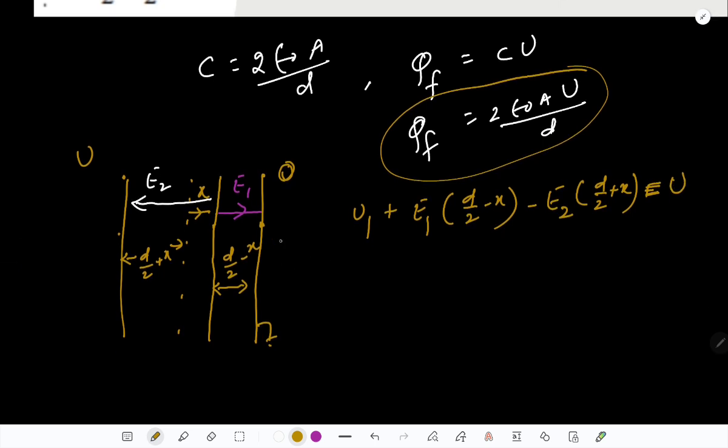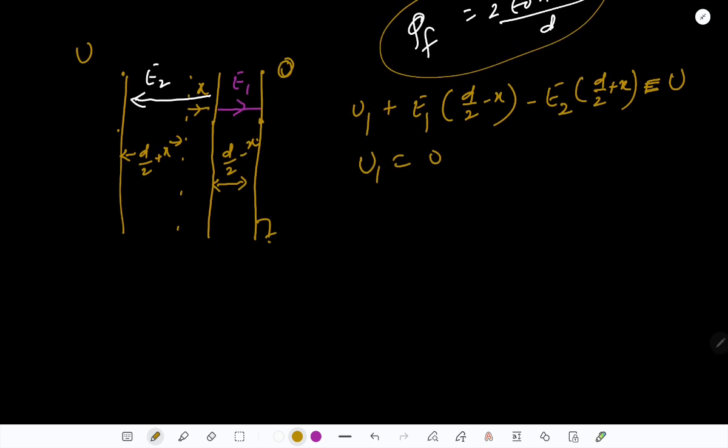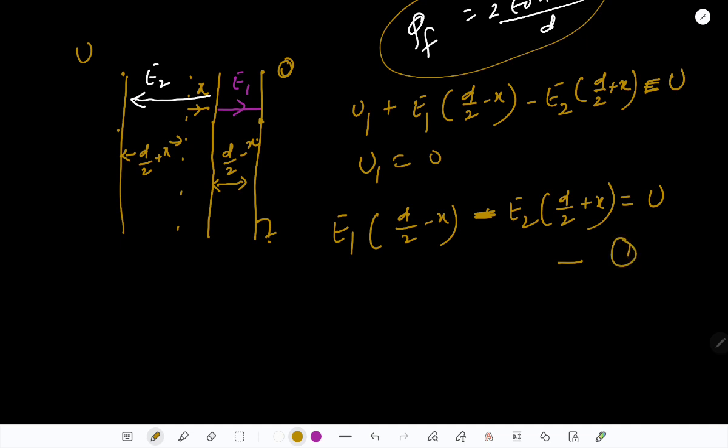And since U1 is equal to 0, that means we can write an equation like E1 (d by 2 minus x) minus E2 (d by 2 plus x) equal to U. This is one of our equations.